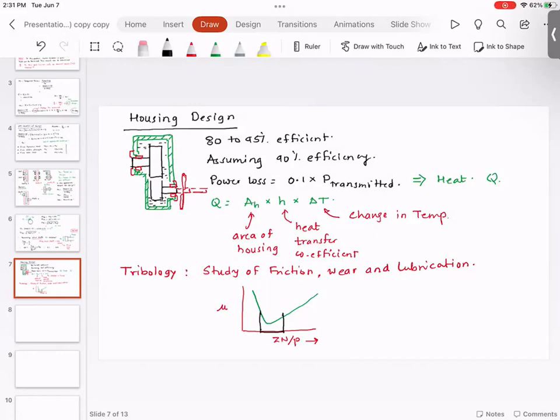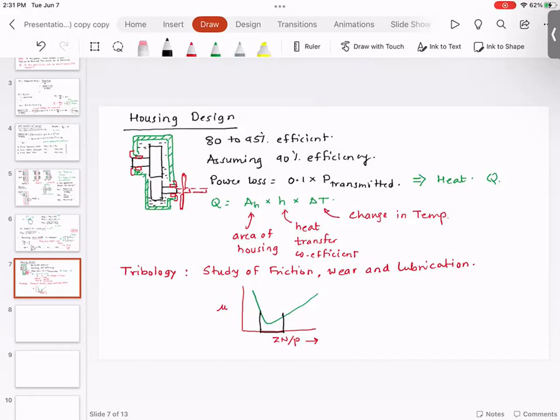In other words, the viscosity would add a drag onto those components, that would increase the frictional losses. If the viscosity is too low, then the oil will not stick to the rotating surfaces, and the coefficient of friction is going to be high. So you want to maintain the viscosity in a particular range, so that optimal power transmission can happen.